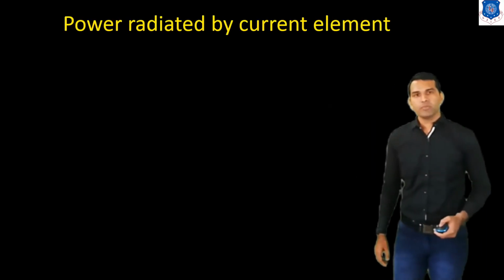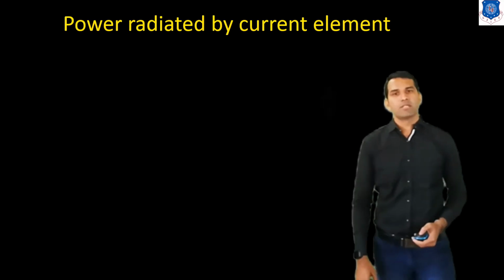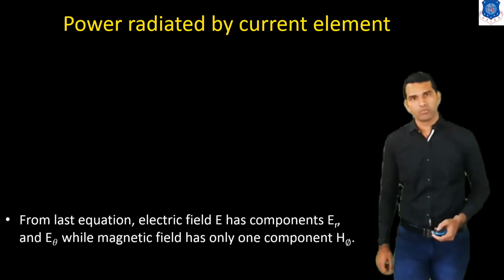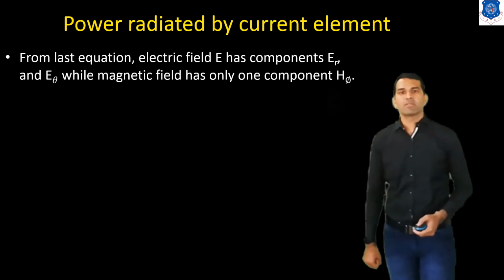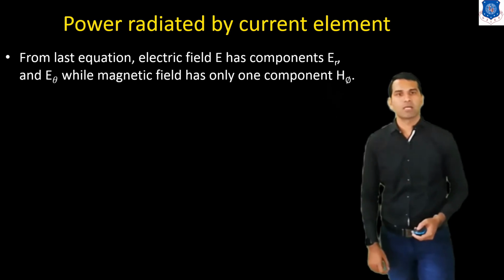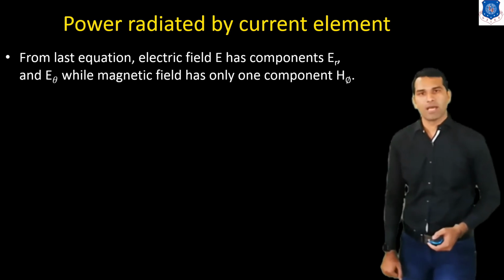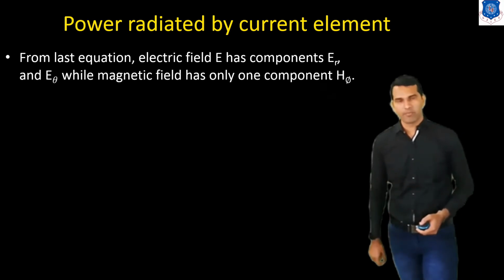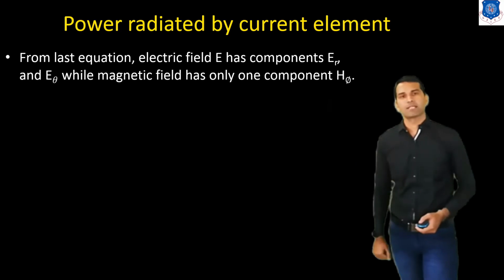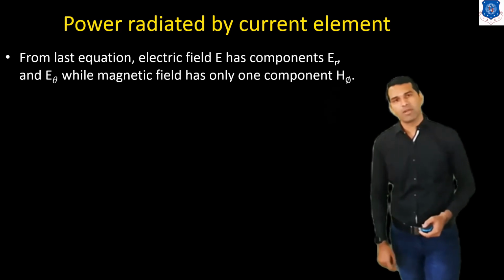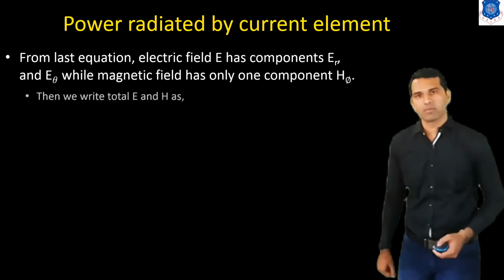In this lecture we discuss how the power is radiated by the current element in the oscillating dipole. In the last lecture we discussed that the electric field E has components ER and E theta, while the magnetic field has only one component, H phi.